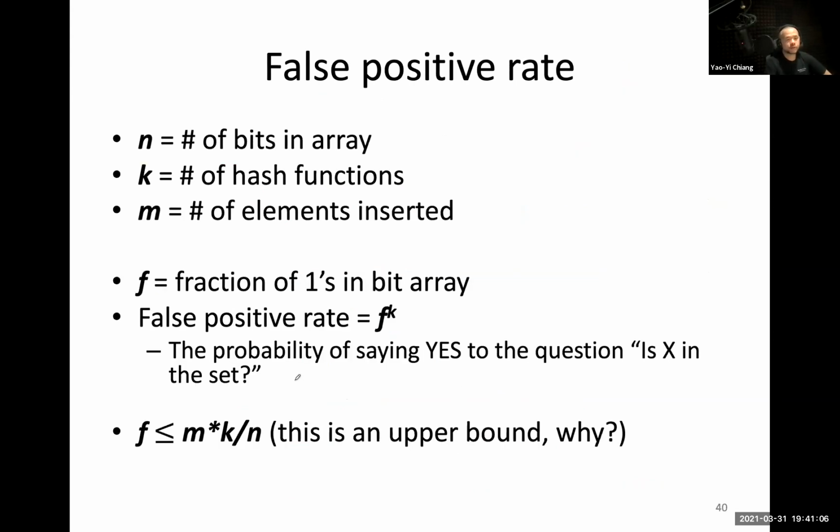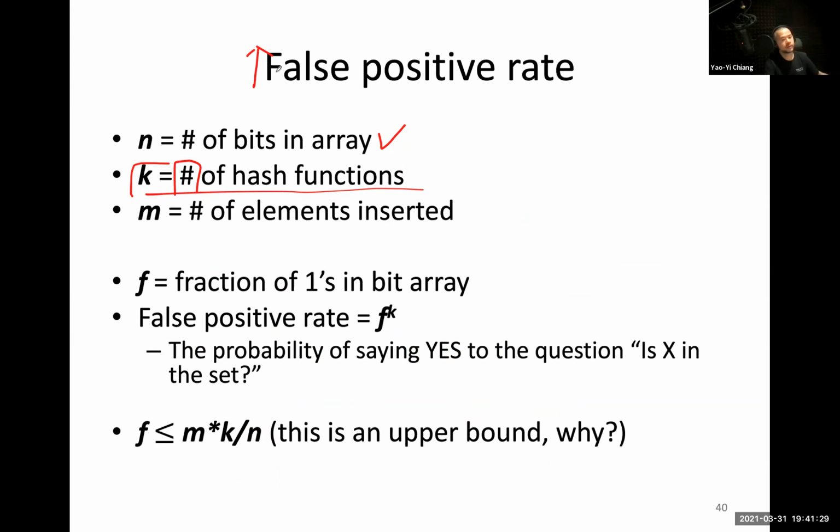So let's look at the false positive rate. We already know that the length of the bit array has an impact on the false positive rate. How about hash functions? Well, the number of hash functions will also have an impact. So in what case will we have a higher false positive rate, more hash functions or fewer hash functions?